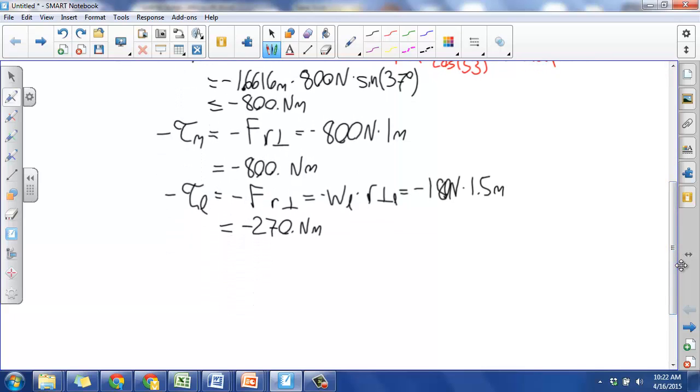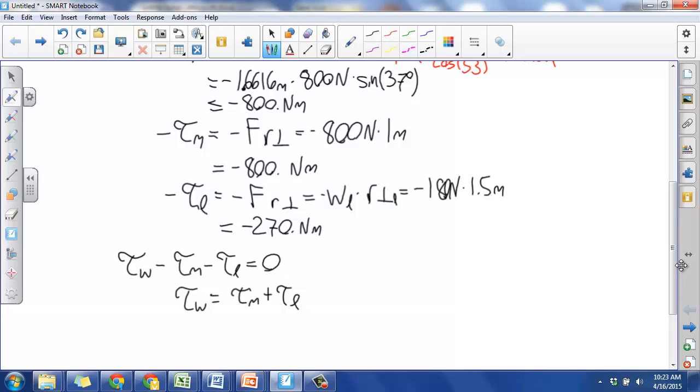So our torque equation is the torque of the normal force by the wall minus torque of the man minus torque of the ladder. All that was equal to 0. Torque of the wall is equal to torque of the man plus torque of the ladder. All right.